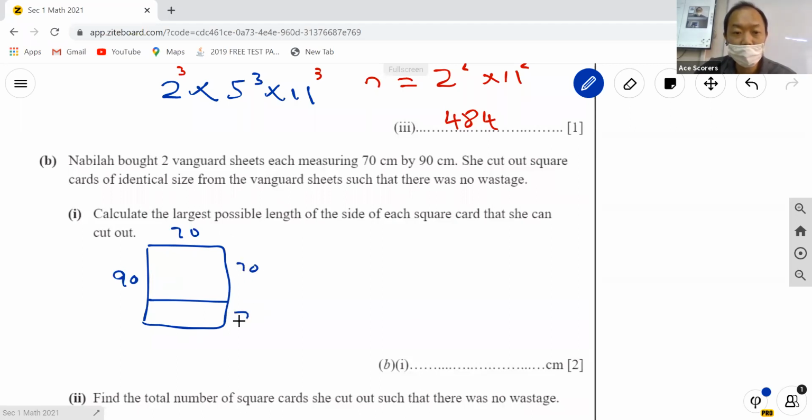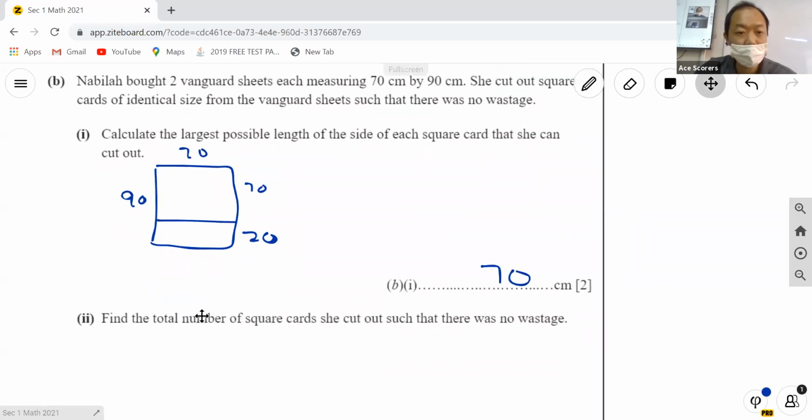Okay, so here is 20. I don't know. I would just put 70. Not too sure if that's what they want from this question. Total number of square cuts you can cut such that there's no wastage. Find the total number of square cuts. Isn't it just 2?